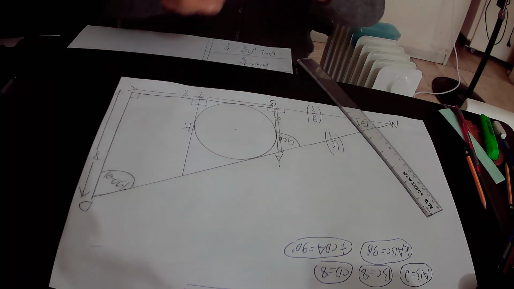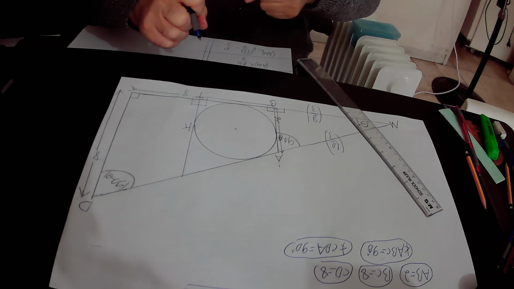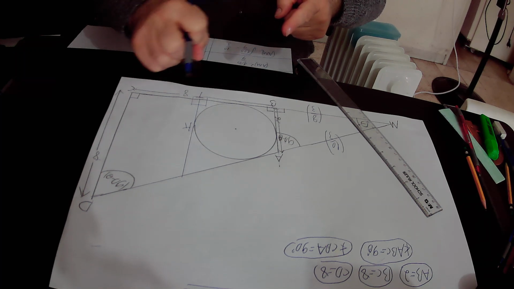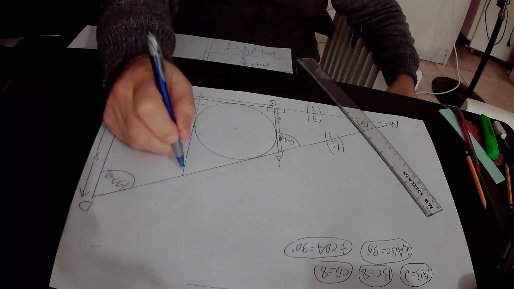And we will define the touching point of the extended perpendicular TK with side AD as point S.